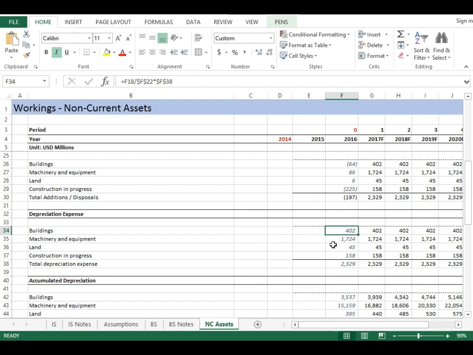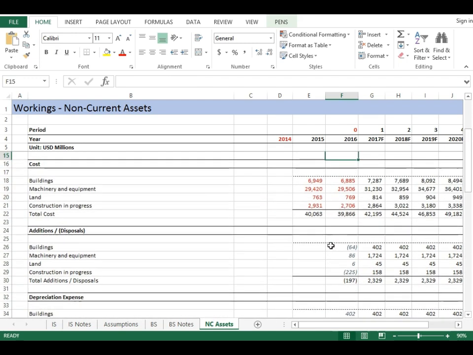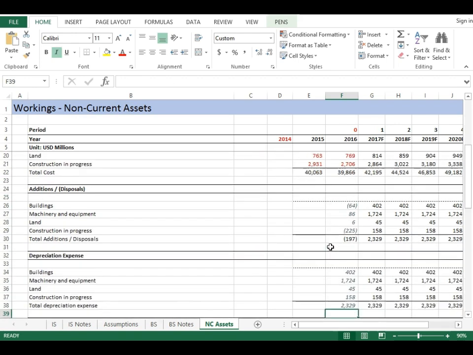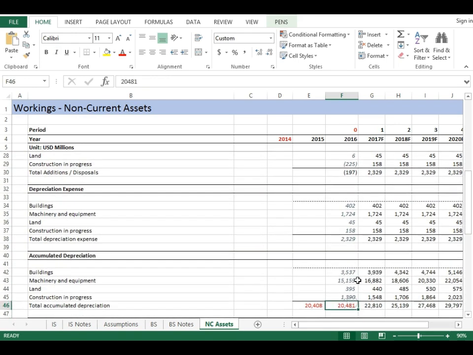What I have done here, just for explanation purposes, is take total depreciation and total accumulated depreciation, so I know the accumulated depreciation.